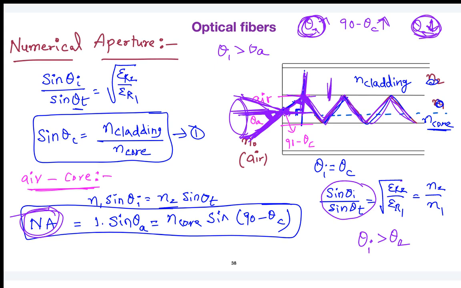Numerical aperture is the sine of the maximum acceptance angle, which will be equal to the refractive index of the core into cos of theta c.